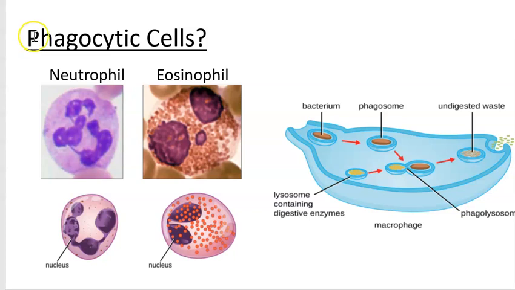If you have a high number of neutrophils, that is a signal of a bacterial infection going on. If you've got what's known as eosinophilia, an excess number of eosinophils floating around, that is a good indication that you've got a parasitic worm infection inside of you, or maybe some allergic response going on. But both of these are able to do this process of phagocytosis.